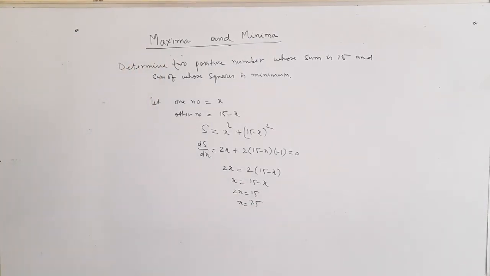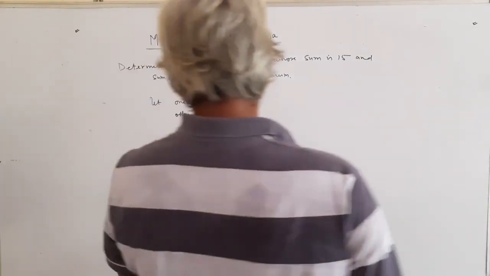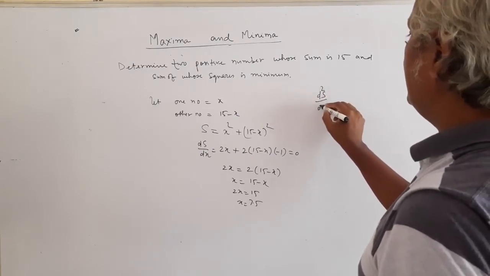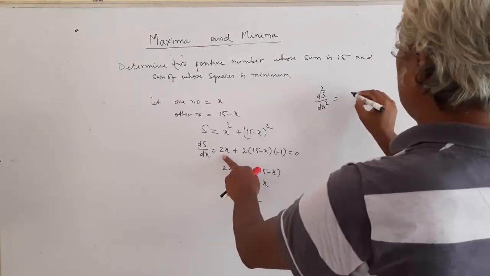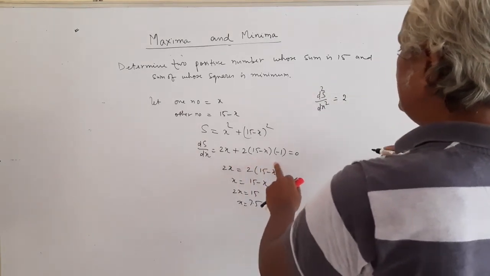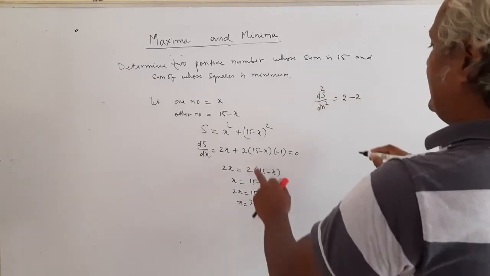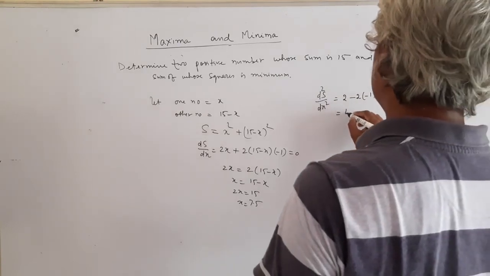Now we have to check whether it is a minimum or not. So first we have to find d square S by dx square. Differentiation of 2x will become 2, and differentiation of the second term, 2 into minus 1 times minus 1, gives 2 again. So this is 4.